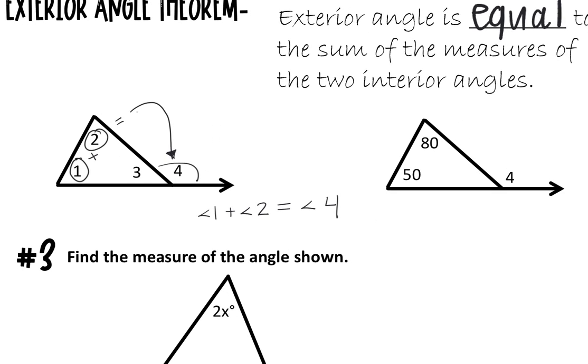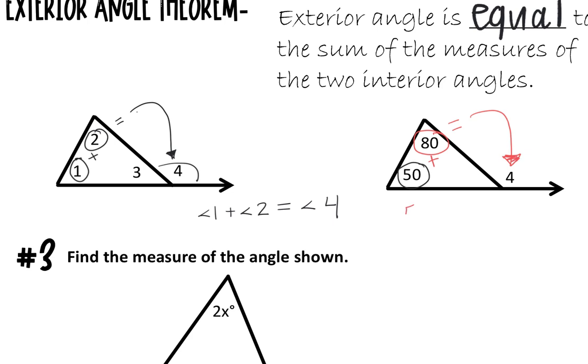So for this example that we have right next to it, they gave us angle 1 and angle 2, and we should add them together, and it's going to give me the angle that's missing, which is angle number 4.